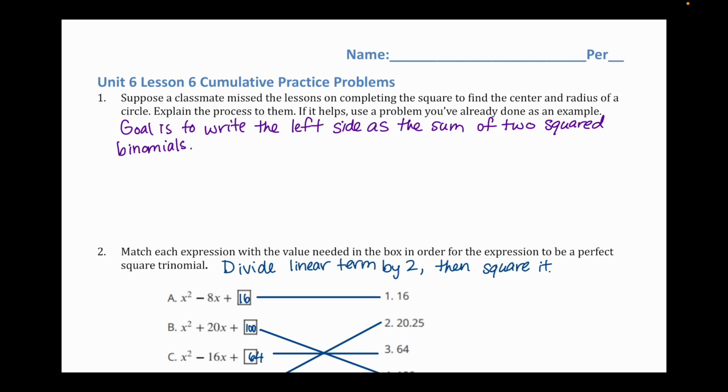So what did we do first? We would first rearrange x and y terms, leaving space to add constants.